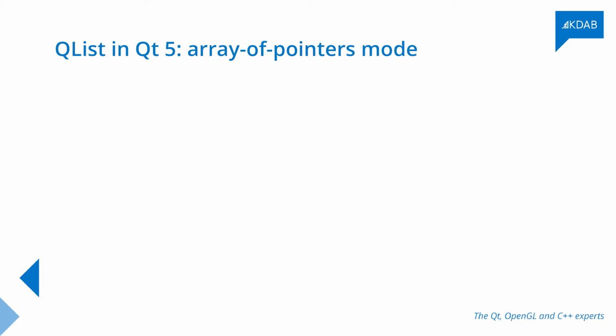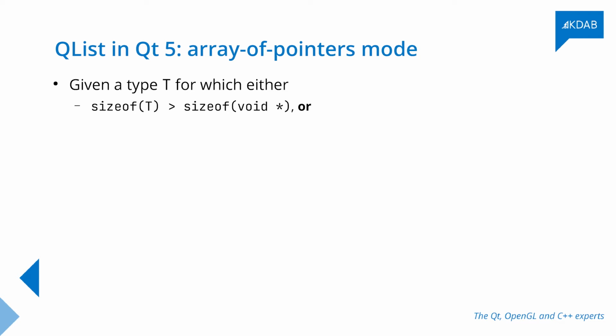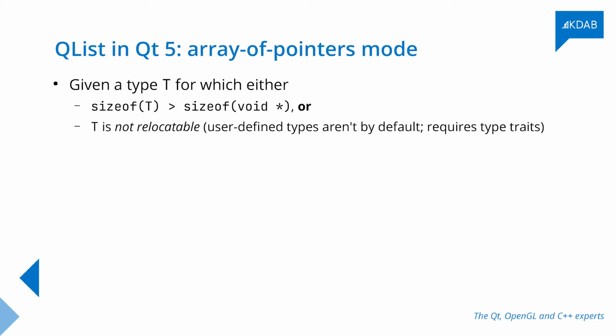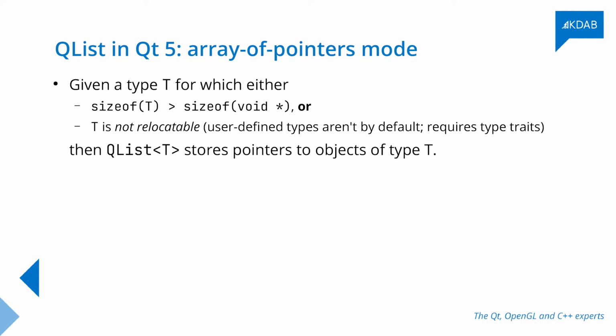Given a QList storing objects of a type T, and the type T is either bigger than the size of a pointer on your platform, meaning that objects of type T do not fit into the QList cells, or the type T is something which is not relocatable, and that means that objects of type T cannot be moved in memory by means of memcpy, then the way QList works is that it's still an array of cells, but these cells are going to contain pointers to objects of type T.